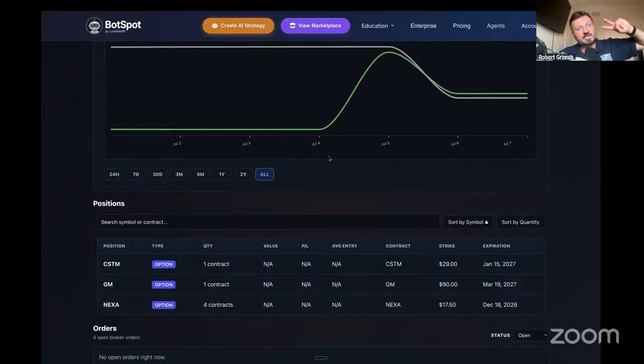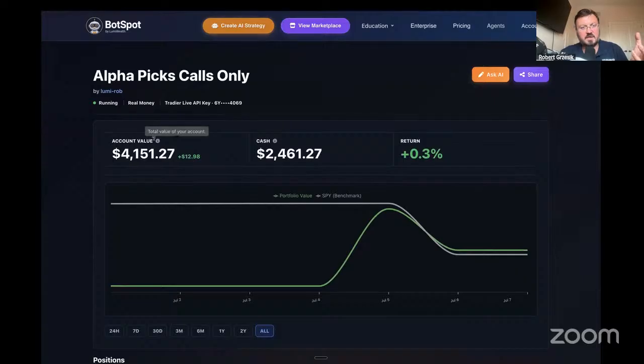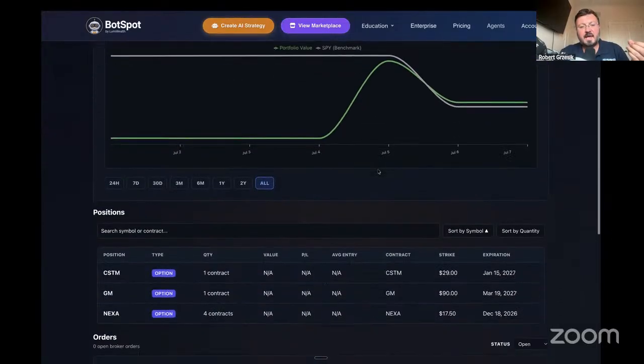But then there's actually a problem where for some reason this thing switched over to using a 65 delta instead of a 50, so it wasn't able to buy as much stuff, and an account like this is a $4,000 account. And if those two changed from today to tomorrow or next week, let's say something dropped off the Alpha Picks list or went from strong buy down to a hold, it would not remove it.